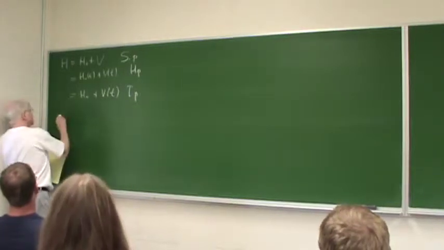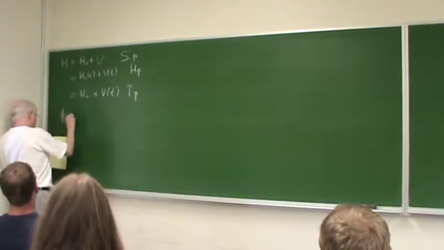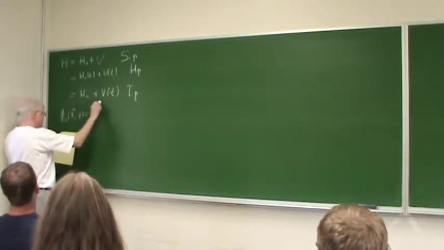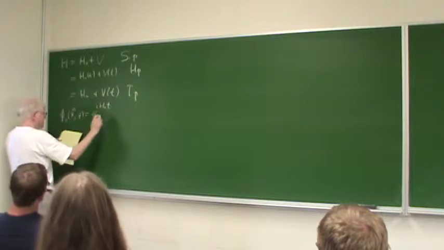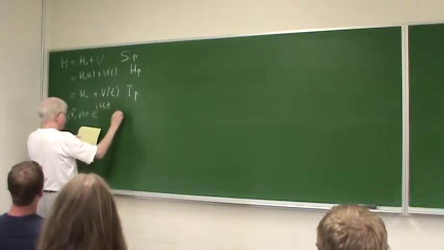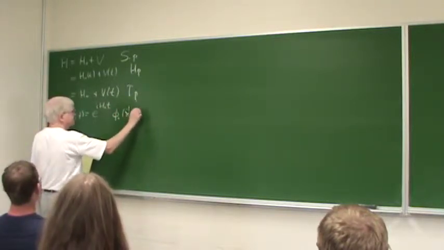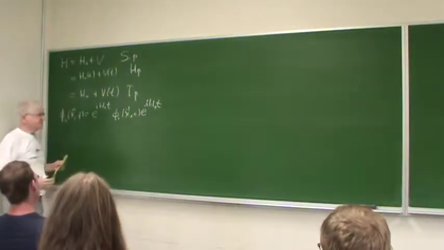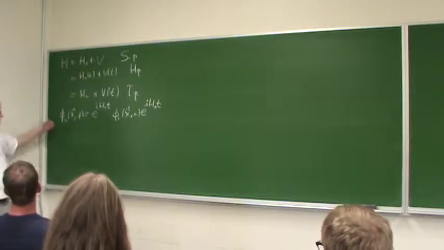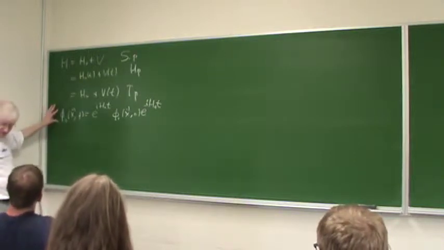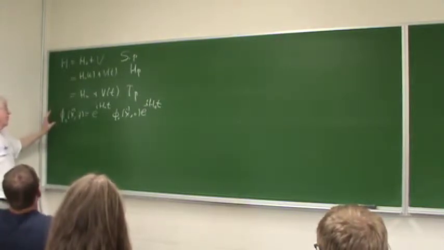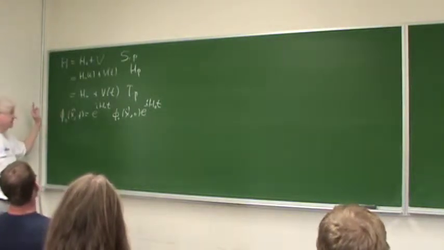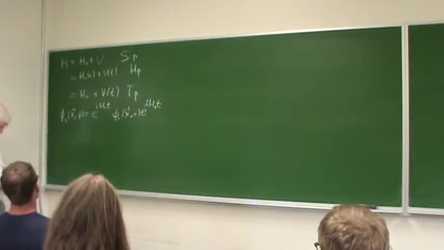Now, the free field phi 0 of x and t is e to the i H0 t, phi 0 of x and 0, e to the minus i H0 t. We can think of this either as a Heisenberg field in the free field theory, or the field in the interaction picture.